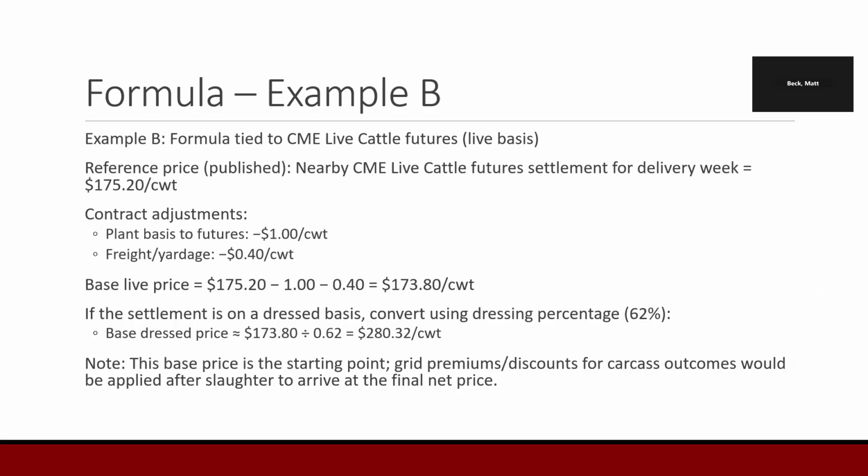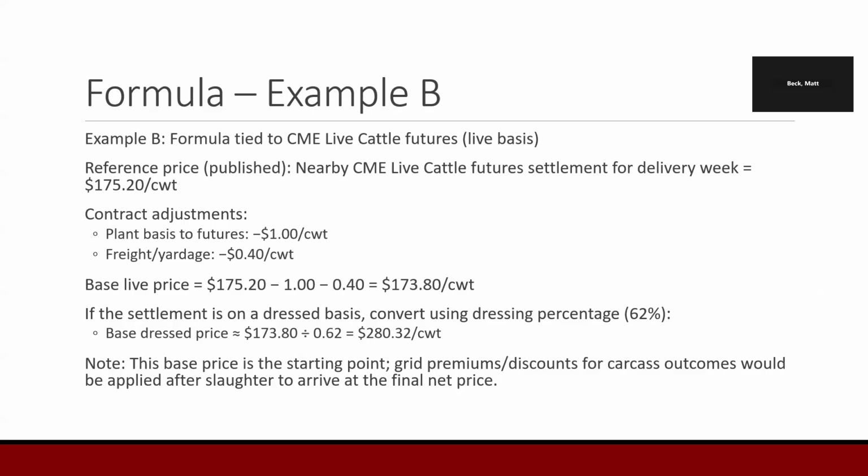If this is on a live basis, we can use that 62% dressing percentage again to calculate this in dollars per hundredweight on a carcass basis. So live basis divided by carcass dressing percent gives us carcass basis.